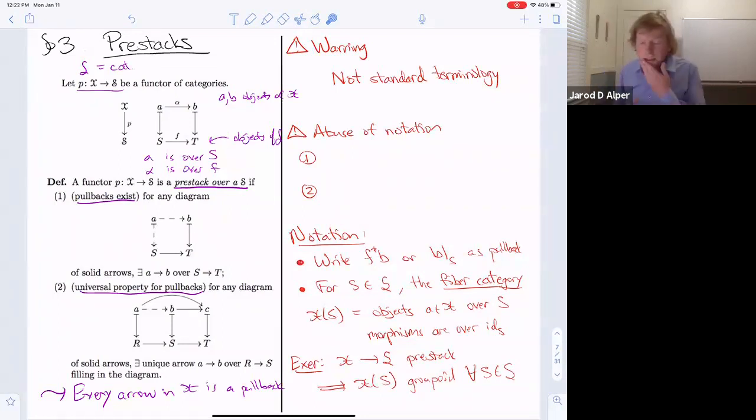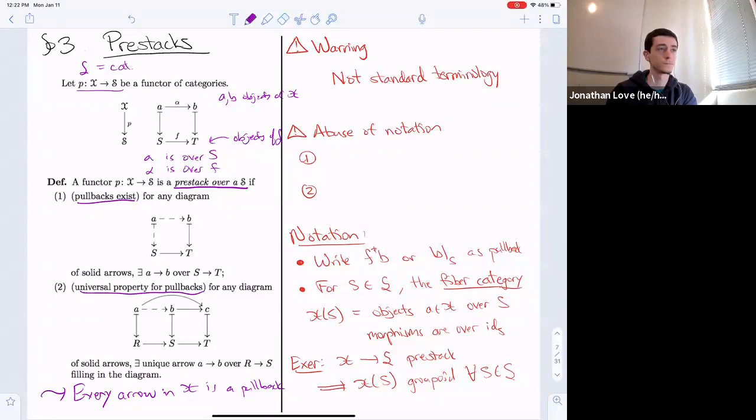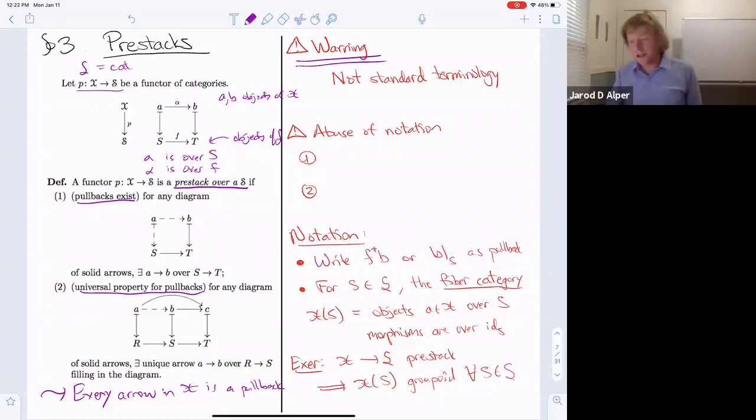Anyway, that's the definition, but I have a couple of remarks. First, a warning: this is unfortunately not standard terminology. I would argue that it should be, but these are usually called categories fibered in groupoids, which is a mouthful, both to say and write.